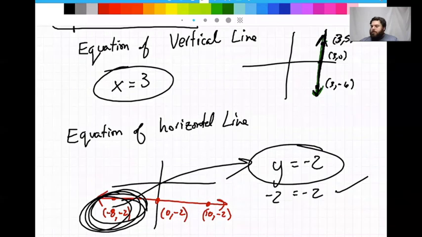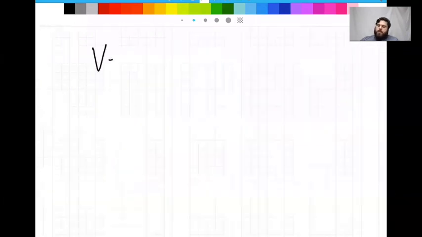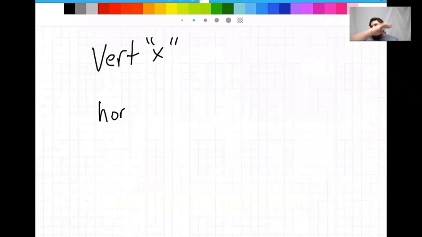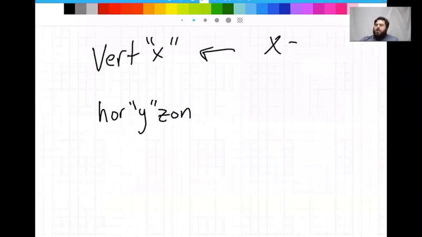But how do you remember? Just remember this, the vertex, right? That's a word we use in math a lot when we talk about parabolas. Also, what's the line when you're on a boat and you're looking out on the ocean, the very point where the water meets the land, or the water meets the air? That's called the horizon. Okay? Vertex, vertical lines are always x equals a number.